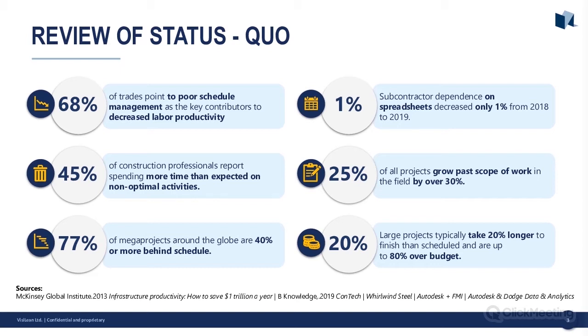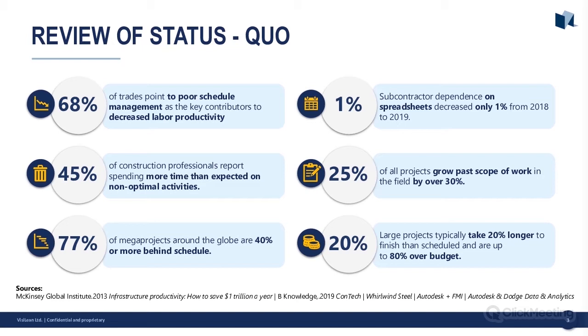45% of construction professionals report spending more time than expected on non-optimal activities. We see this a lot wherever we go around the world with VisiLean, that people are spending a lot of time on non-value adding activities, like manual data entry. If we can automate things like that, then we're going to save time and become more efficient.